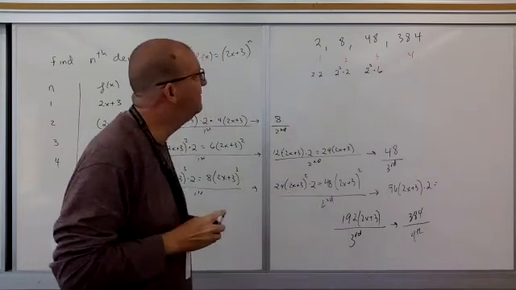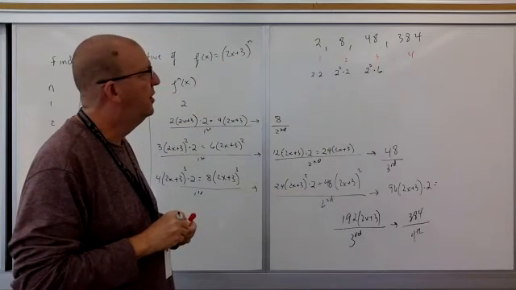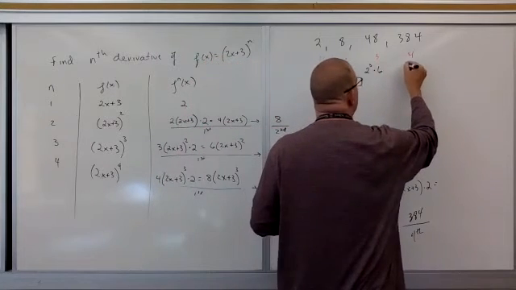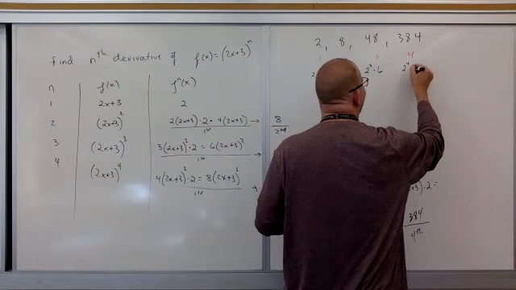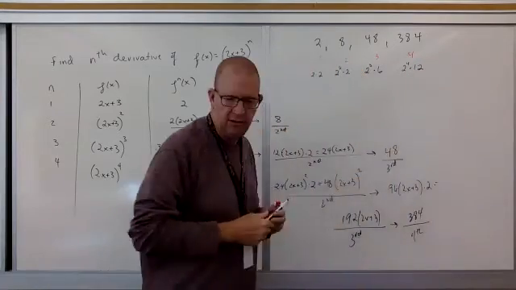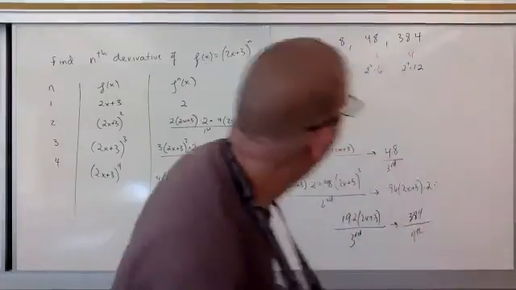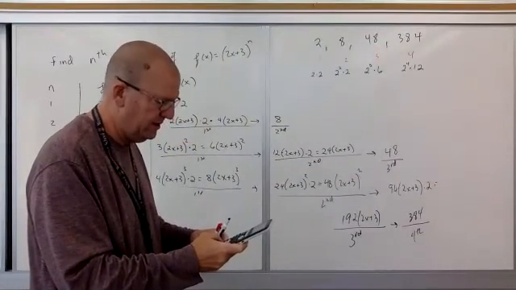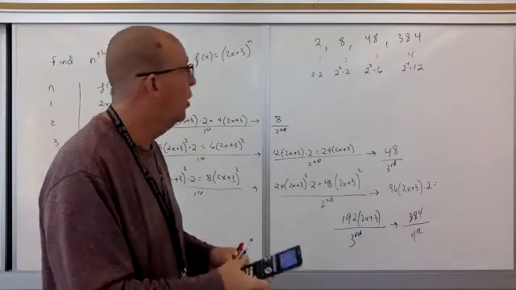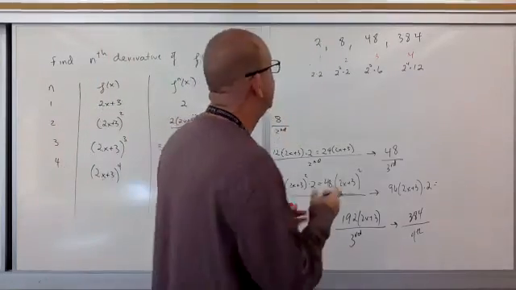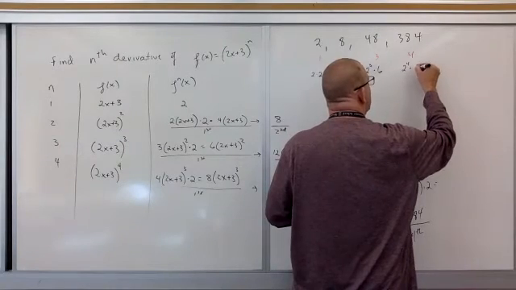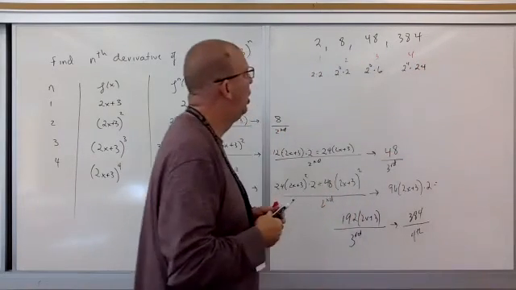How about 384? Let's see, could that be 2 to the 4th times 12? Is that right? Is 16 times 12 384? Oh, times 2 again. Sorry. 2 to the 4th times 24.